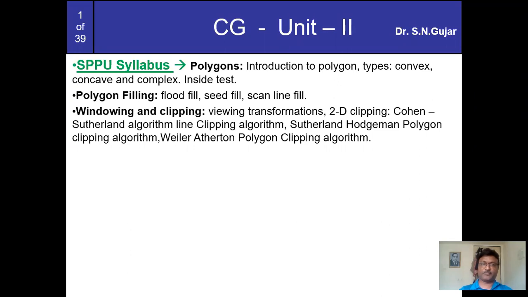In unit number 1, we covered the basic primitives of graphics. What are the requirements to run any graphics program on your computer system? Suppose you are implementing in Windows, then you need to install BGI, the Borland Graphics Interface, which you have to use in the Windows DOS box.